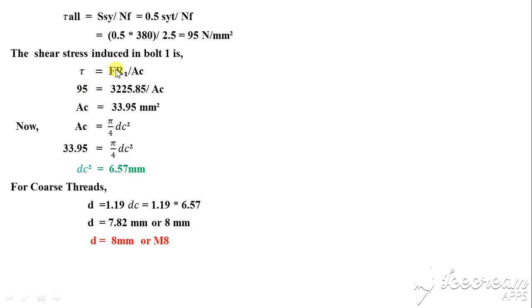Putting this value in the equation Fr upon AC, where Fr1 is the resultant force shared by bolt number 1, divided by AC, pi by 4 DC square, that is the core diameter of the bolt. For coarse thread, the relation is 1.19 times DC, so that is 7.82, rounded up to the next digit. So bolt size is M8.